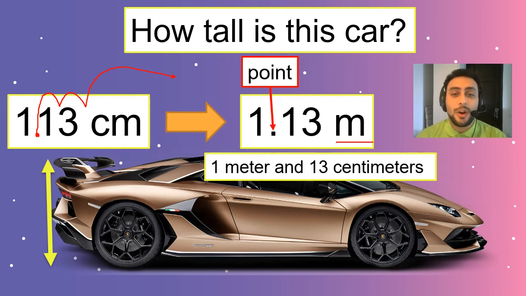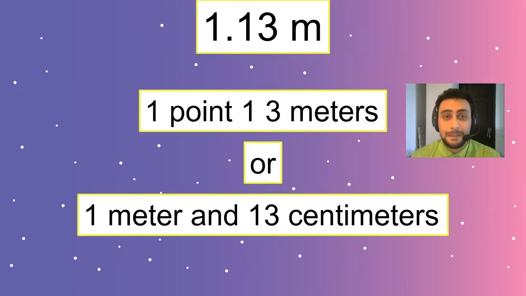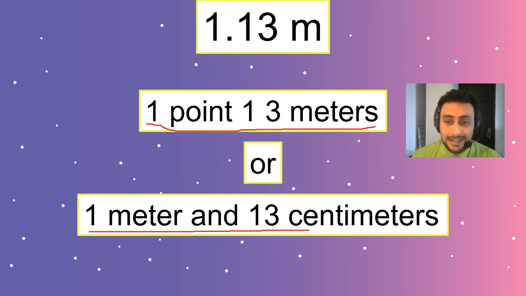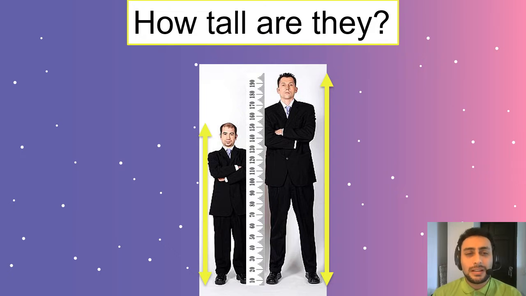We call this 1.13 meters or 1 meter and 13 centimeters. Easy. So again, we can read this as 1.13 meters or 1 meter and 13 centimeters. I like this one more. It sounds better.